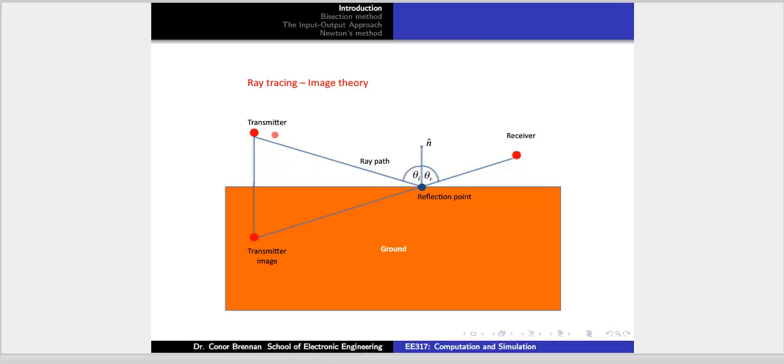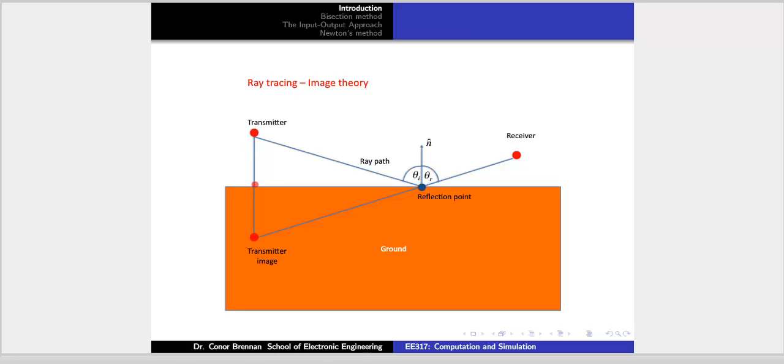And what do we know about optics? Well, with optics, if a ray of light hits a mirror, we can trace it to its final destination by defining an image of the transmitter, the image of the object which produced the ray in the first place. And the image is an equal distance away from this boundary as the actual transmitter is above here.